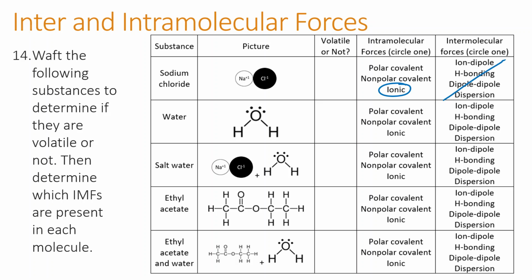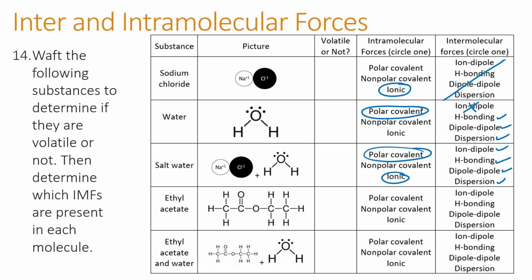So intermolecular forces are going to impact molecules. Water is polar covalent, and it has hydrogen bonding, dipole-dipole, and dispersion. Salt water, the salt is ionic, and water is polar covalent. So we have all three from water, plus we have ion-dipole interactions.